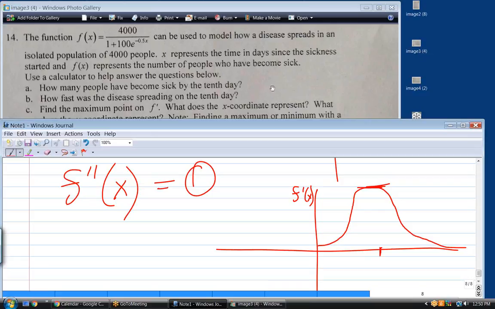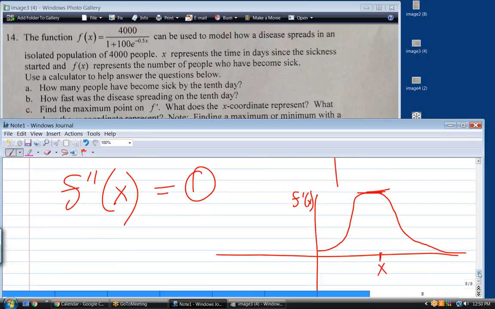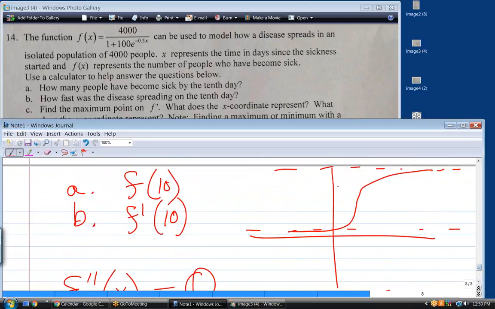What does the x-coordinate represent? Once we've found the maximum point on f prime, what does that coordinate represent? If I go back to the function, it would be somewhere in there where the slope is the steepest.